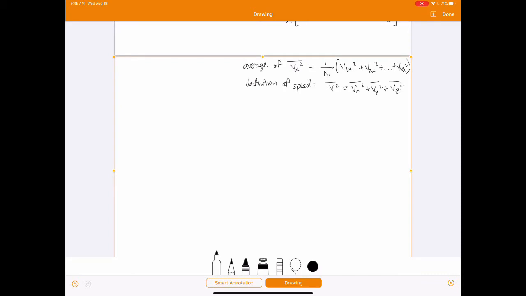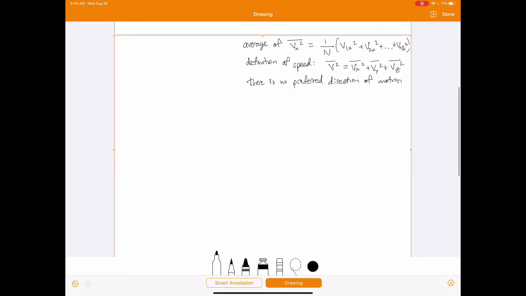Okay. Next fact that I'm going to write down is that there is no preferred direction for the motion. So in other words, if I look at the average velocity of the particles in the x direction, or in the y direction, or in the z direction, I shouldn't be getting anything different because there's no preferred direction.